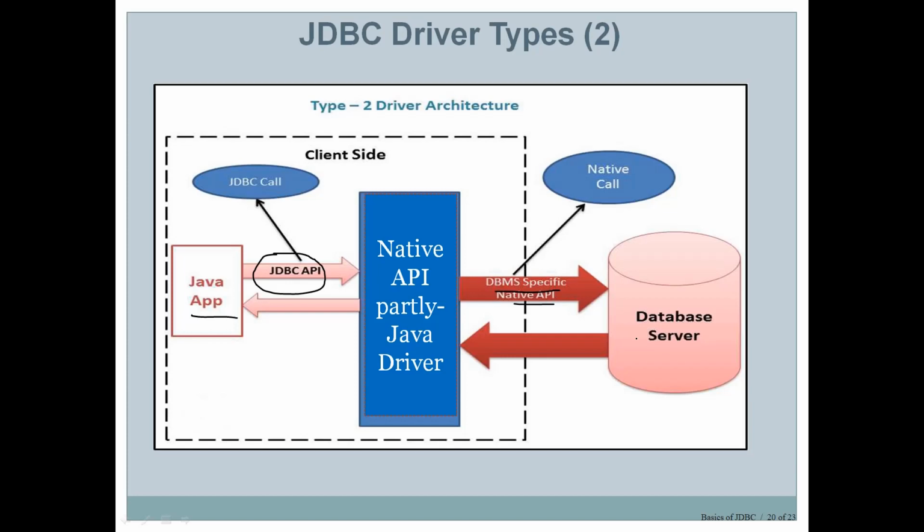For this, there have to be some binaries installed on the client machine. Looking at this, you can compare it with the type 1 driver. One conversion of a call has been reduced, and that is the reason this is a bit faster than the type 1 driver. So type 2 is a bit faster.